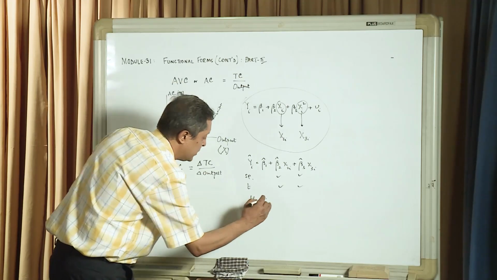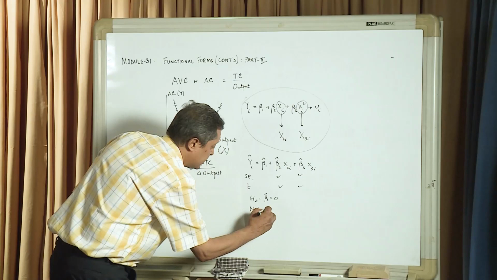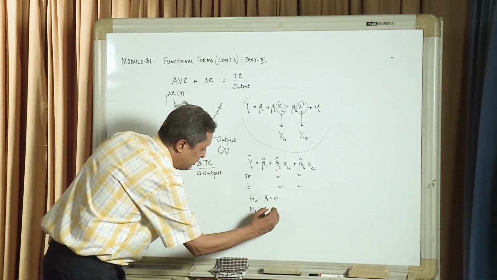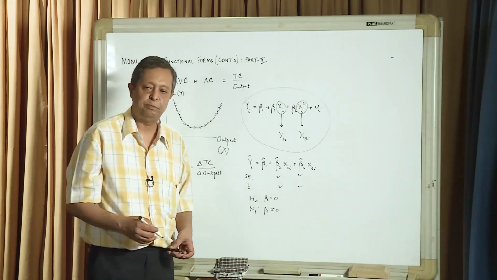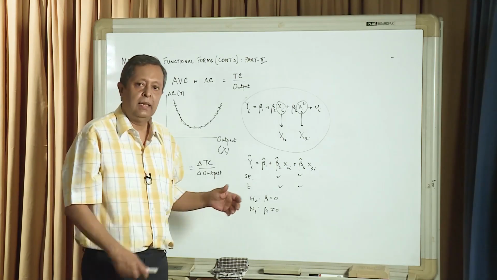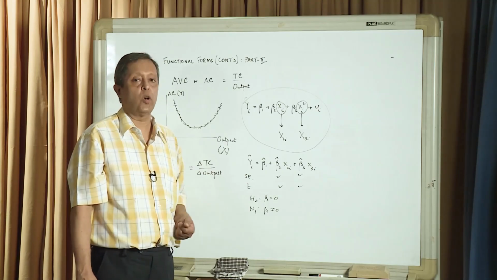Maybe this hypothesis is beta 2 equal to 0 against beta 2 not equal to 0, or some similar composite hypothesis. Next, we will take a look at a cubic function which will be used to estimate the total cost function.